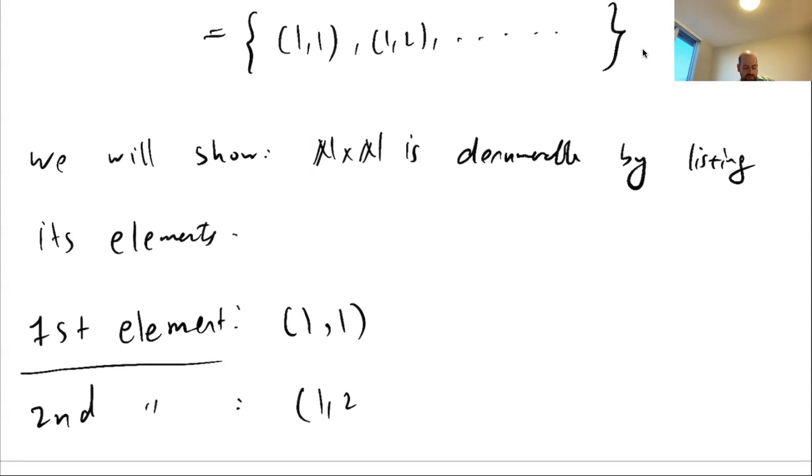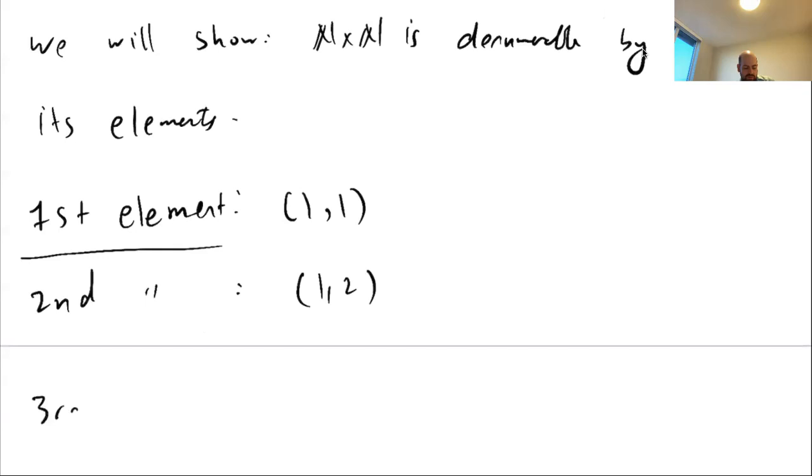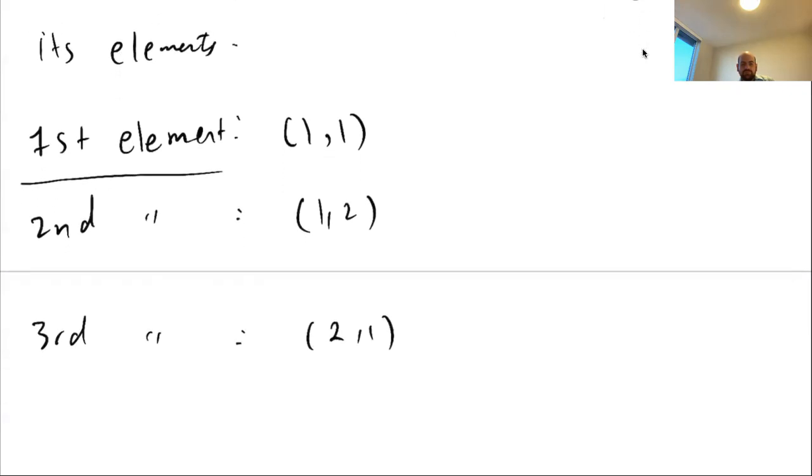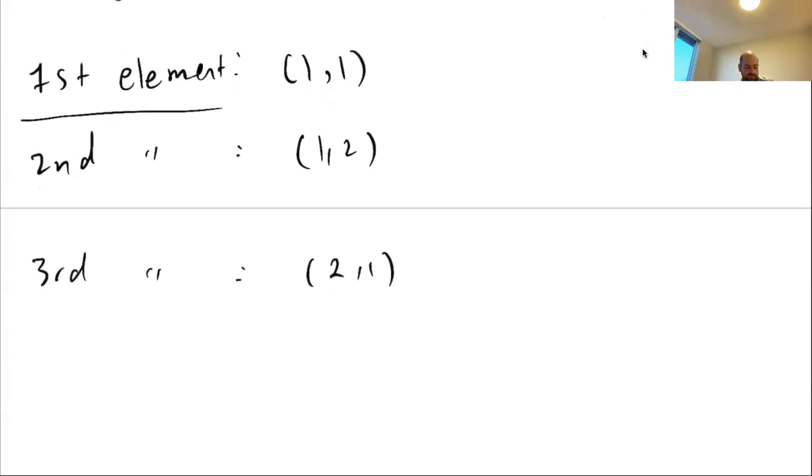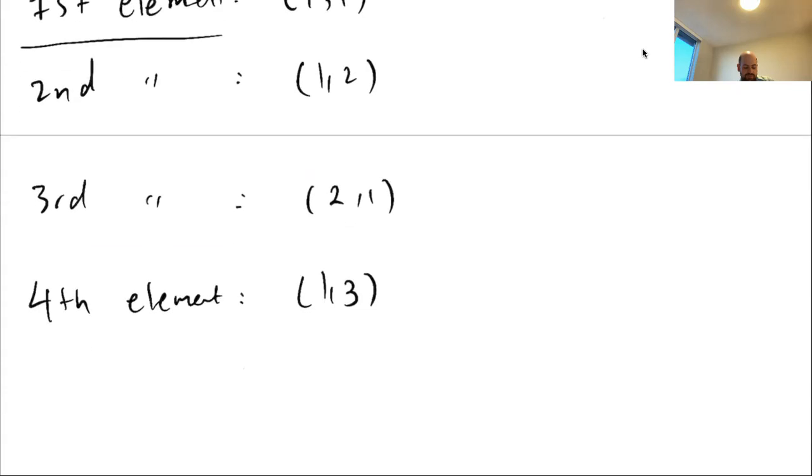Could do (1, 2). Third element, (2, 1). Then fourth element, I want to say (1, 3). Fifth element, (2, 2).